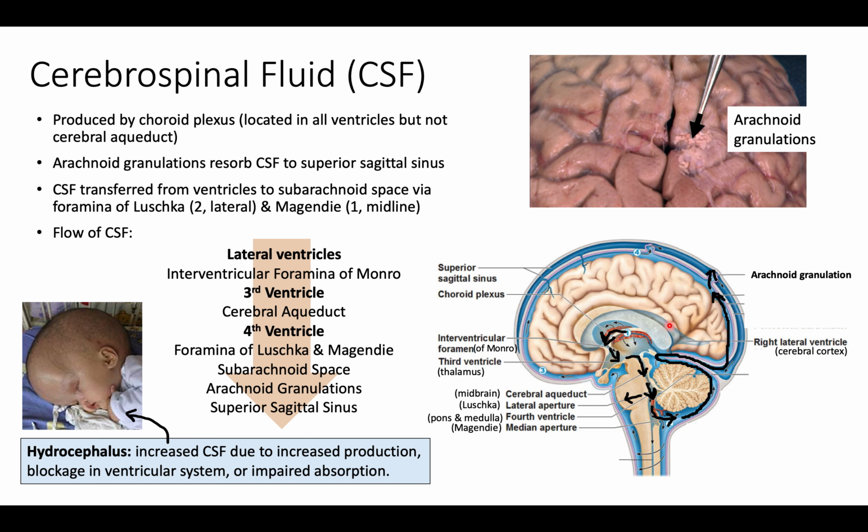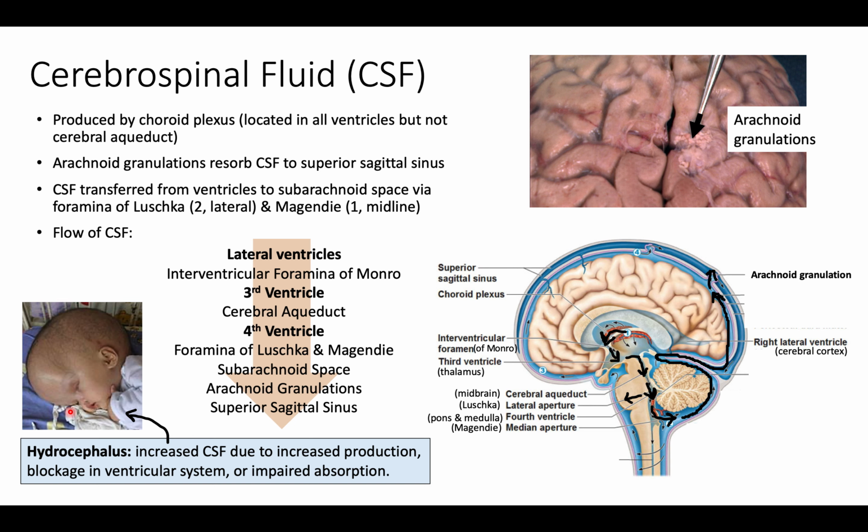So if there's too much CSF, for example in a baby, it can lead to hydrocephalus, which is leading to this macrocephaly, so big head. Hydrocephalus can also happen in adults as well, but their heads are not going to be able to swell.